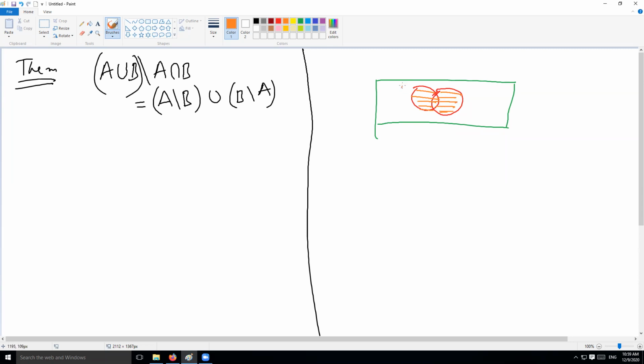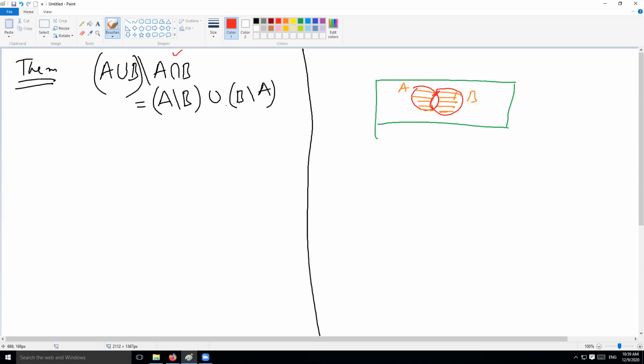So if this is A and this is B, then this entire set is A union B. And it says that from A union B, remove A intersection B. So if I remove A intersection B, what is going to remain? Basically only these parts. Okay. So that's really the symmetric difference, the one side.